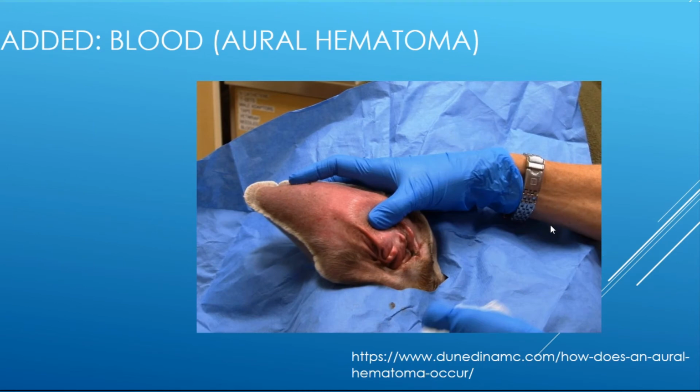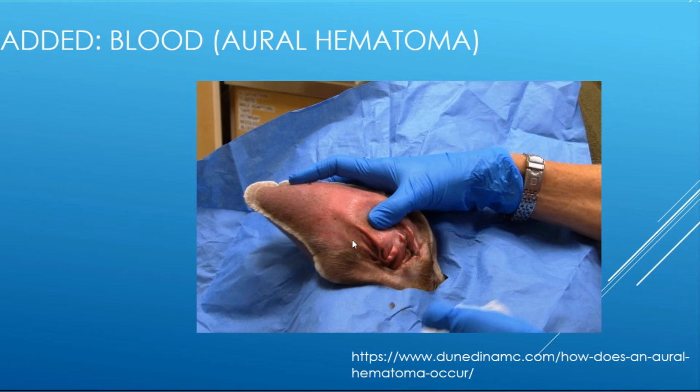Here's another example. This is something you see in vet med very regularly. This is called an aural hematoma, which basically means that we have blood accumulation in the ear. I didn't put a normal picture of a dog ear, but hopefully you all know it's pretty flat, right? So this tissue is raised. The whole thing is really thick, right? And the reason is that something is being added to that tissue.